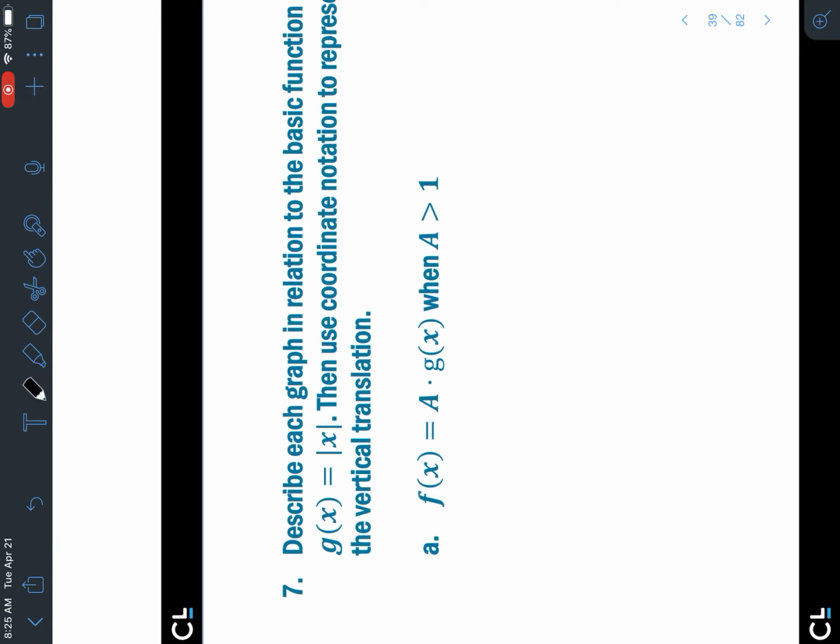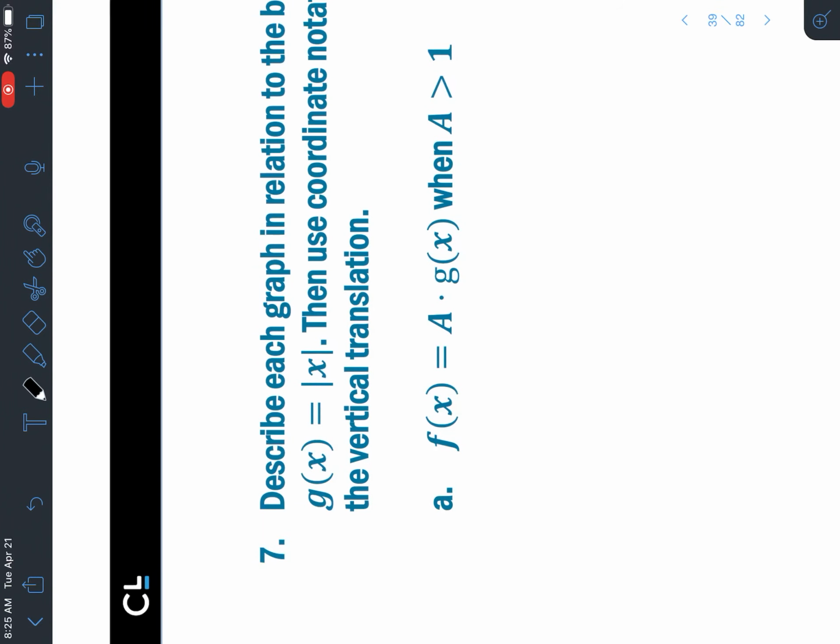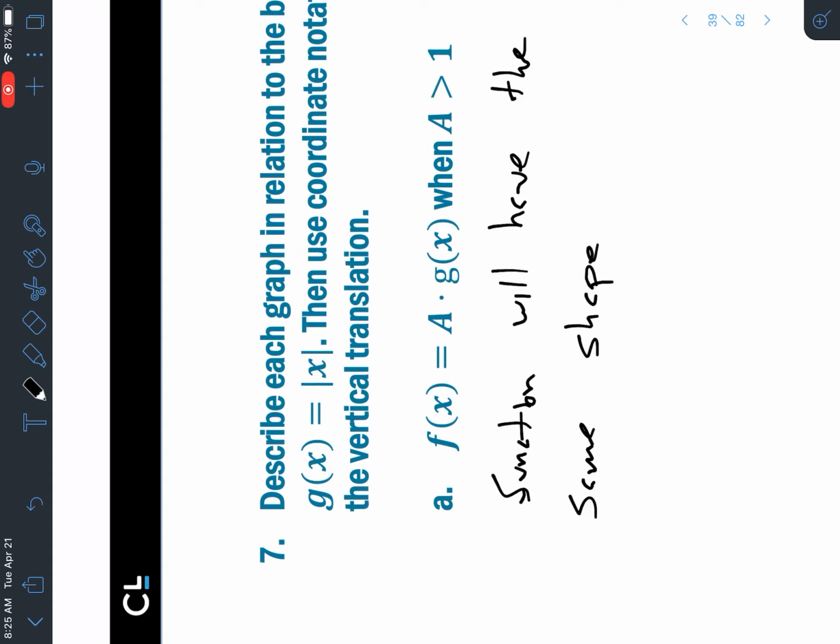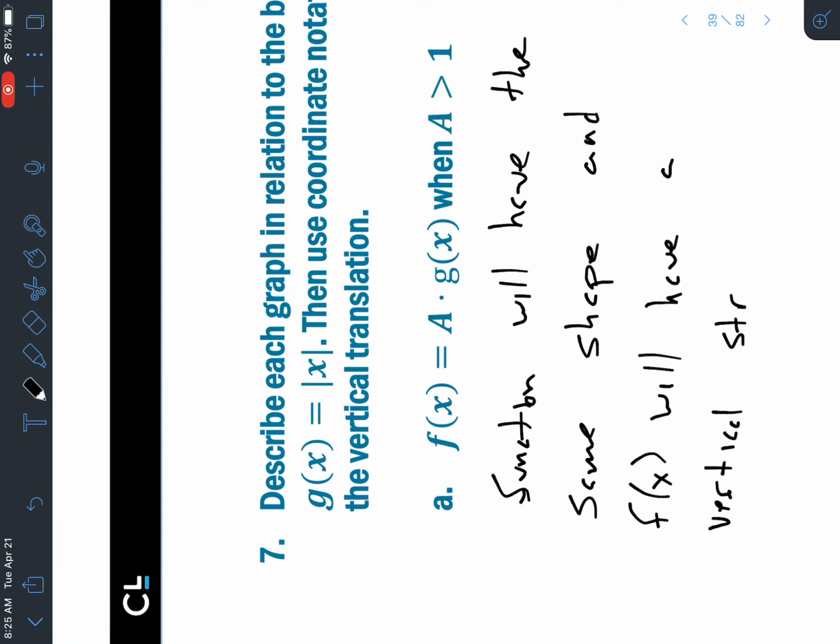Okay, so what this means is that we're going to say this, that the function will have the same shape and f of x will have a vertical stretch.